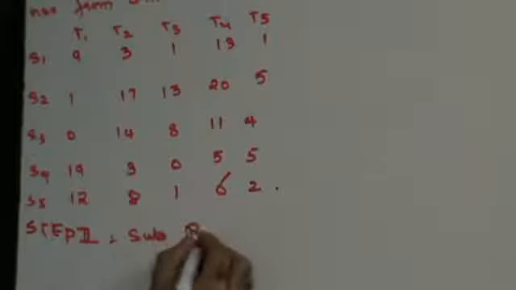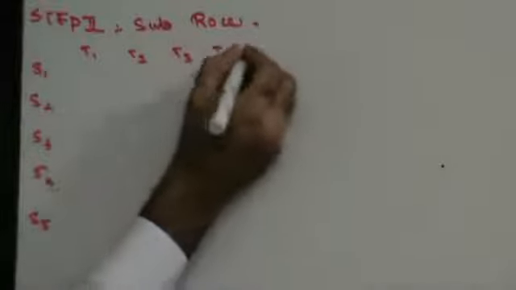Okay. Now the next step, step 2. Subtract smallest element in row. Subtract row wise. If I subtract row wise S1, S2, S3, S4, S5, T1, T2, T3, T4, T5.